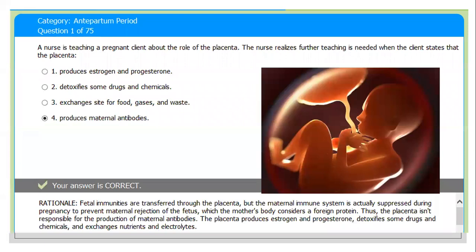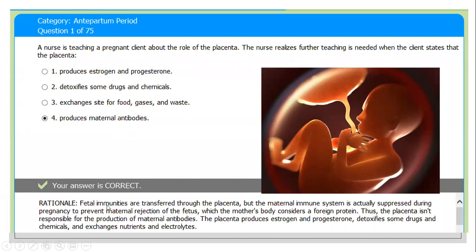The correct answer is produce maternal antibodies. So the nurse realizes further teaching is needed because the placenta does not do this, right? The placenta does not produce antibodies.